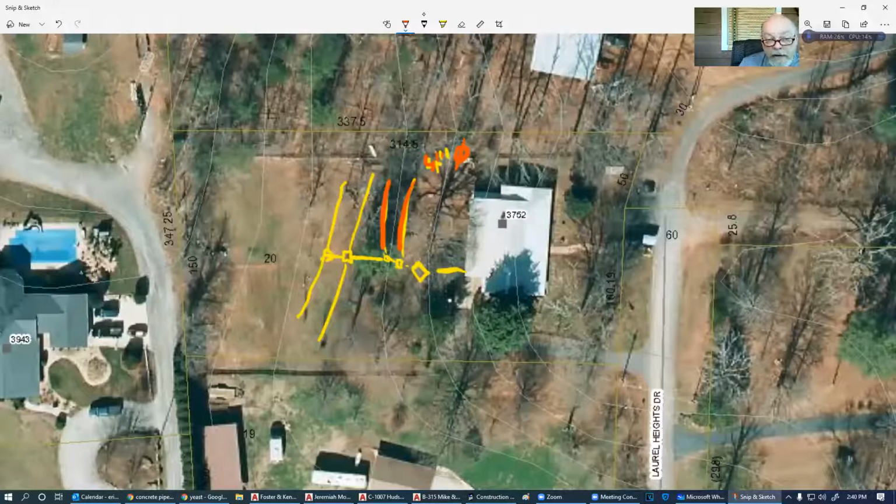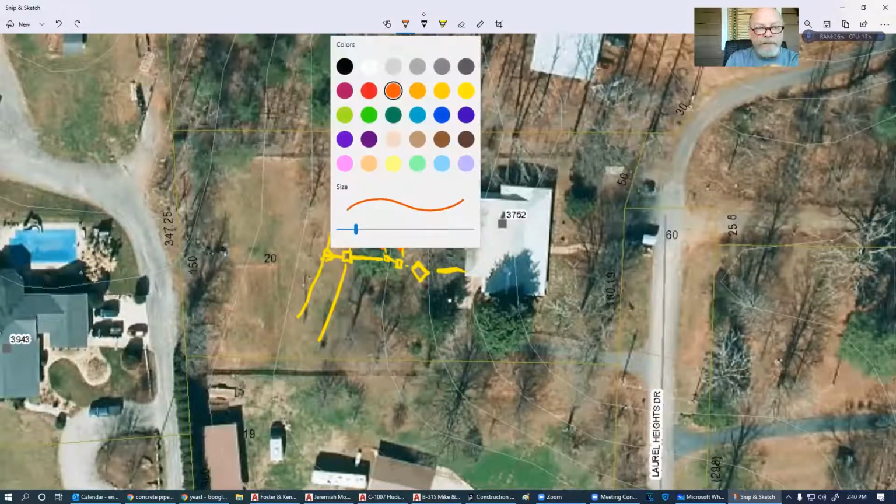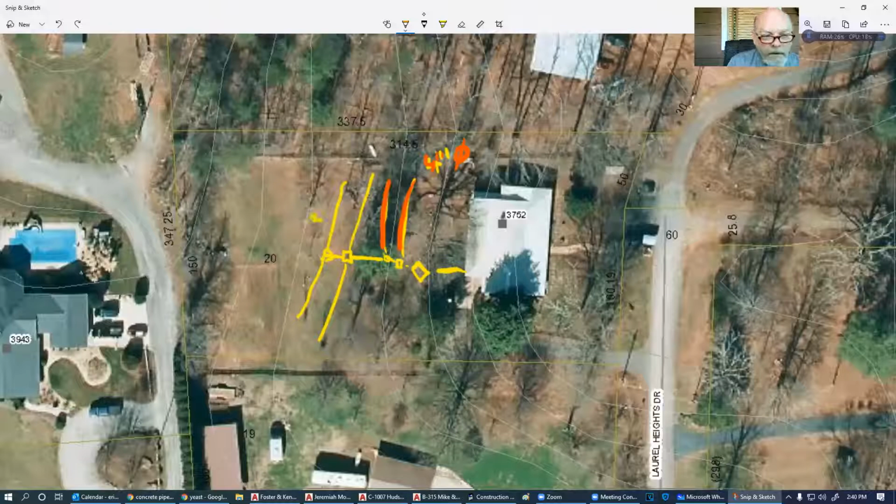But down here, I could get away with making this shorter. Remember that I added a couple of bedrooms to this, and I was told that I had to add 300 feet to this. So I didn't have enough space to add 300 feet to that, because this is what they consider my repair area.